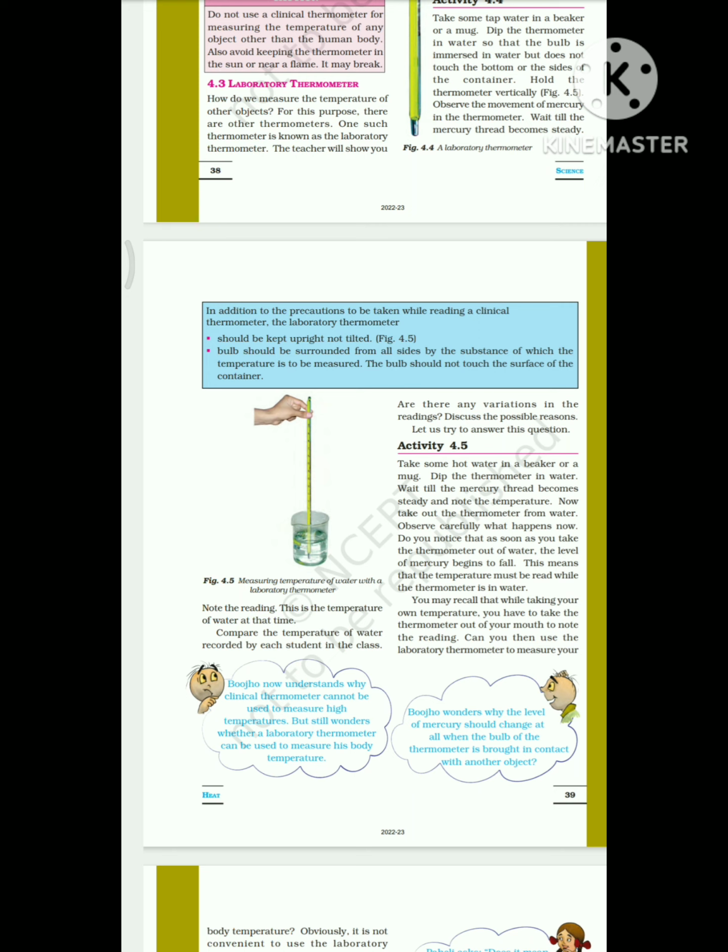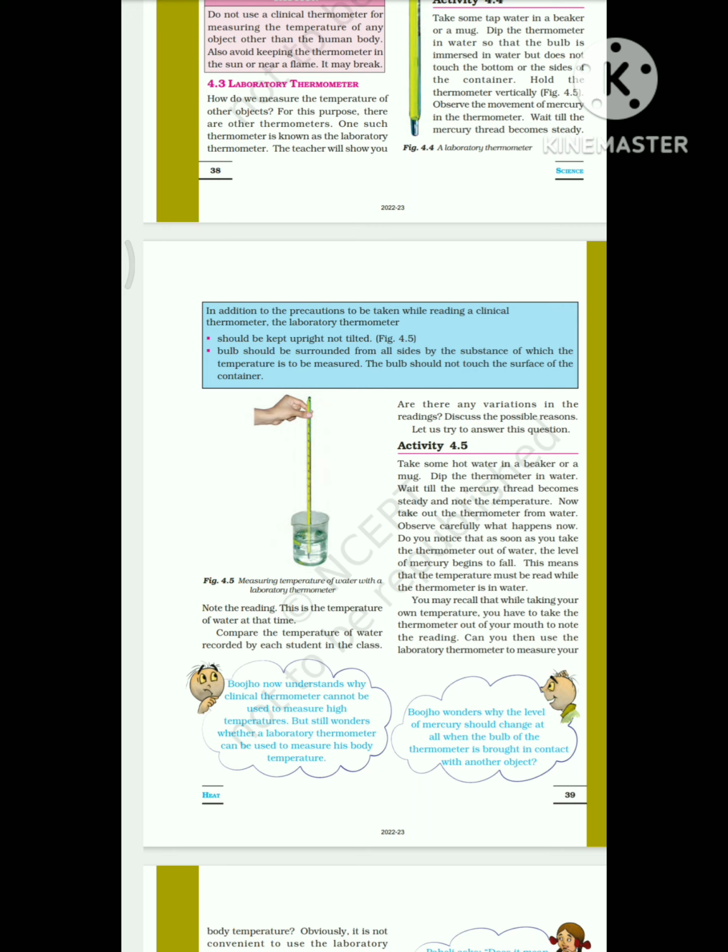Now take the thermometer out of the water. Observe carefully, and what happens now? Do you notice that as soon as you take the thermometer out of water, the level of mercury begins to fall? This means the thermometer must be read while the thermometer is in water.